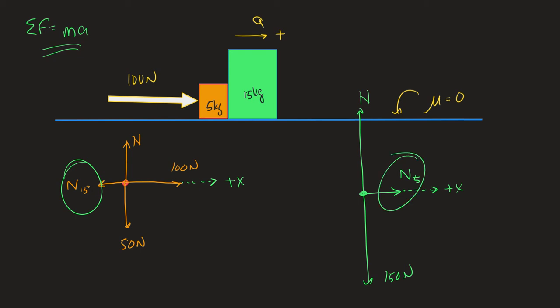Those two forces must be equal and opposite. Once you have decided what the equal and opposite forces are, name them the same thing. So I'm just going to name them N2 to separate them from the other force. N2.